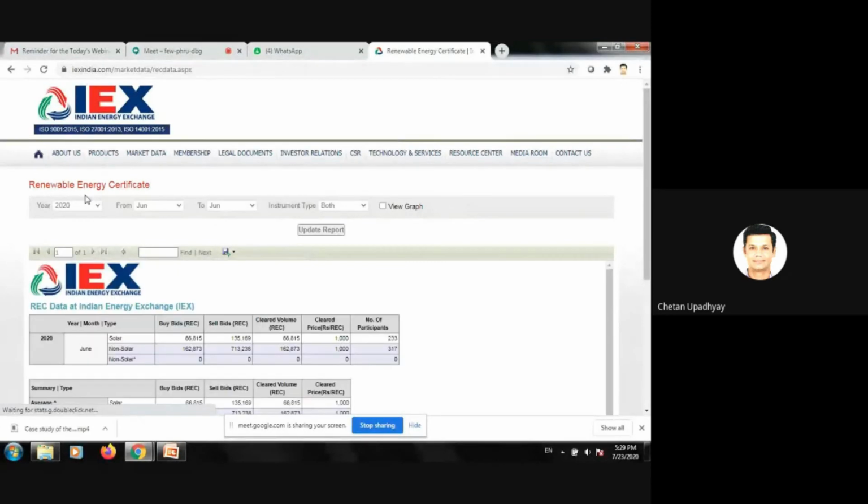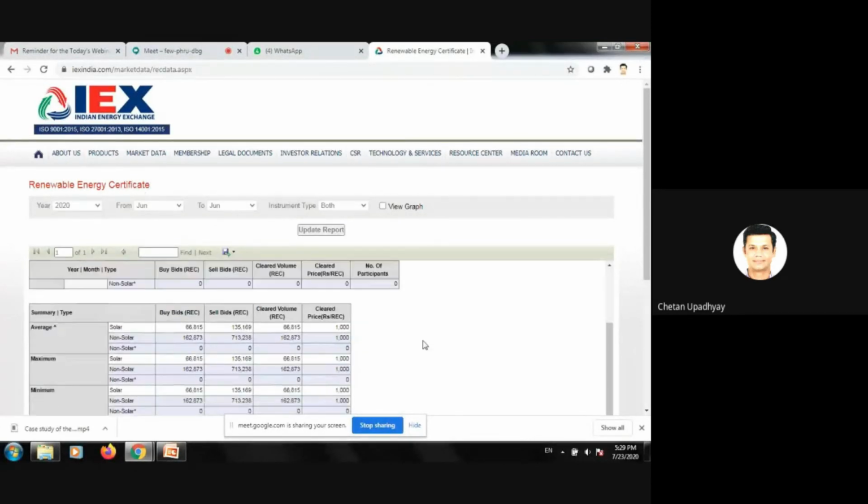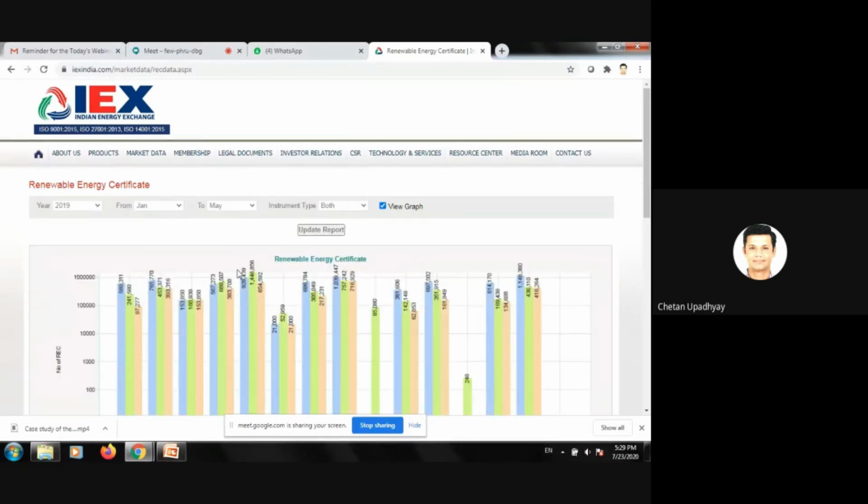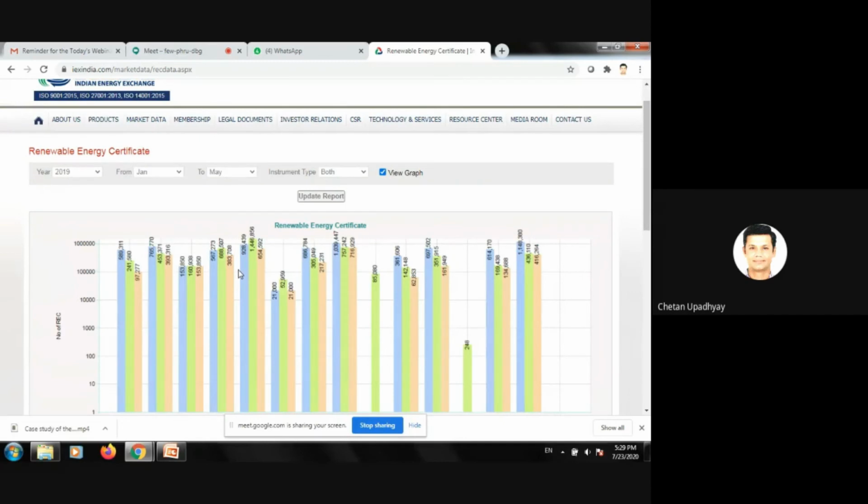Let us say this is for the year, so renewable energy certificate is there overall. But suppose I want it for 2019, and I select January to, let us say, May, and I want it in terms of graph, so it is going to give me the detail of 2019, that is January 2019 to May 2019.